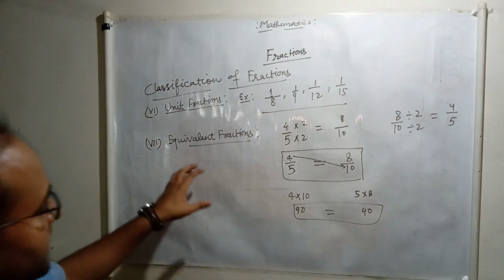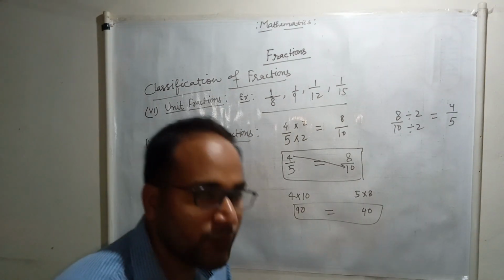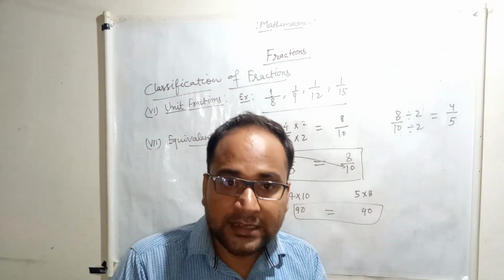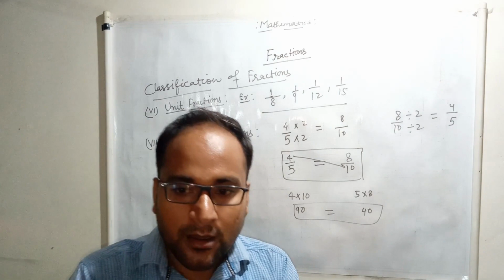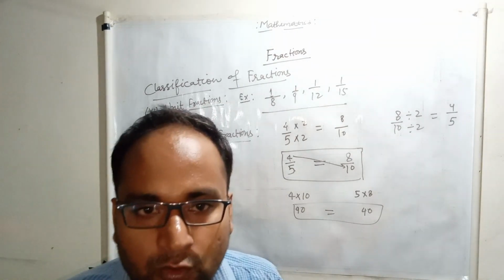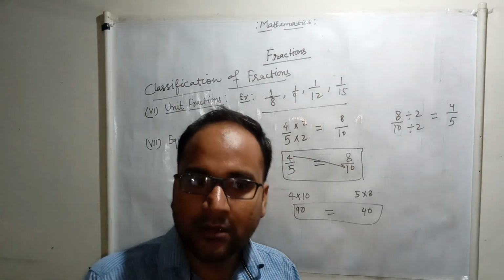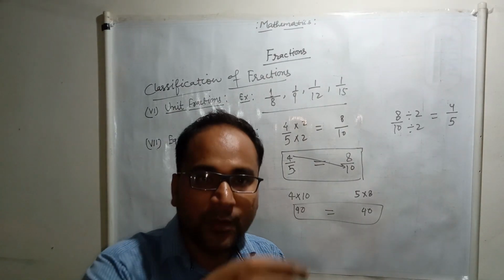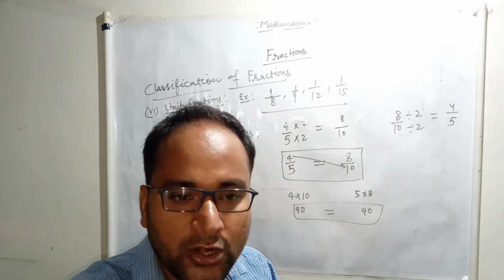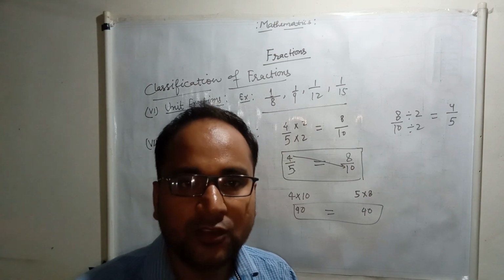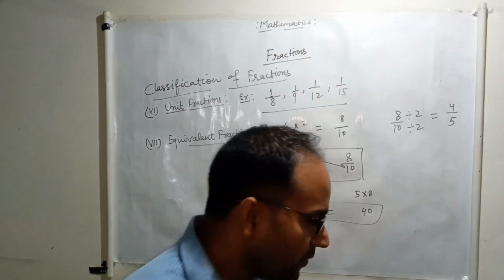So two or more fractions are said to be equivalent if they represent the same part of a whole. And how will you get an equivalent fraction? By multiplying or dividing the numerator and denominator by the same non-zero number.